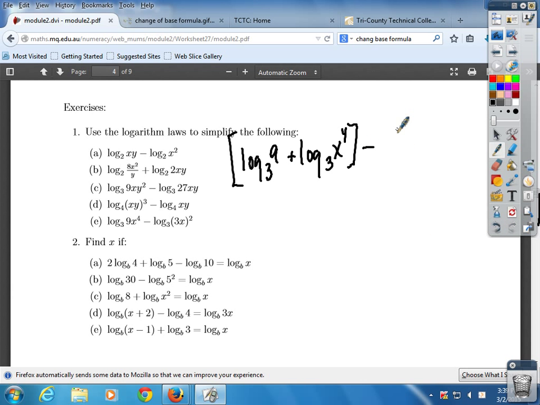Minus 2 log base 3, or we could rewrite that as 9x squared. Yeah, we could do that. You can't put that 4 up there. So we're working backwards. If you're going backwards, you're expanding.